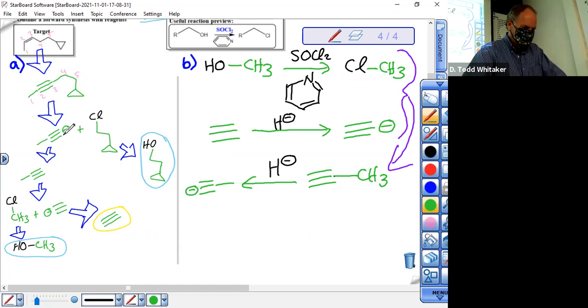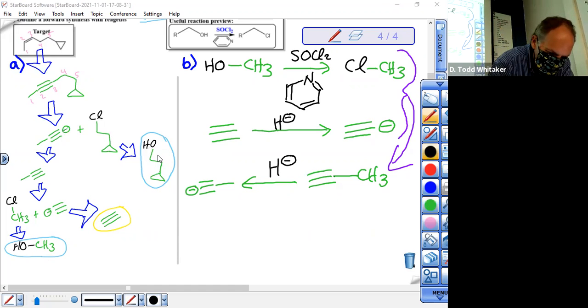That needs to react with this, but we don't have this yet. We've only got this in the storeroom, alcohols. So take that alcohol. Yep, we're going to react that with SOCl2 and pyridine.